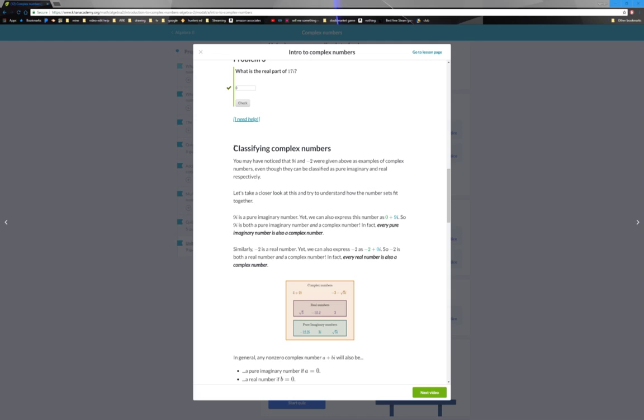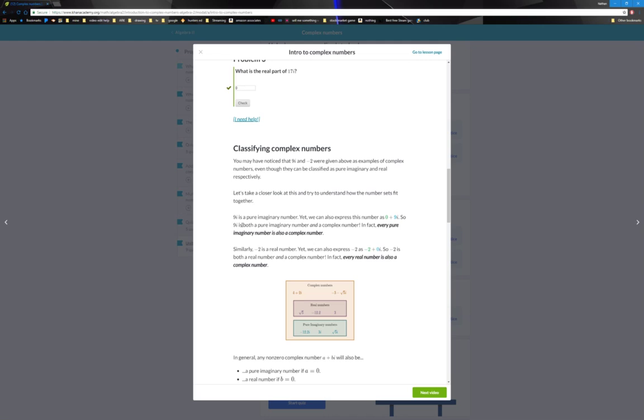Alright, classifying complex numbers. You may have noticed that 9i and negative 2 were given above as examples of complex numbers, even though they can be classified as pure imaginary numbers and real numbers, respectively. This is pure imaginary, this is real. Let's take a closer look to understand how number sets fit together. 9i is a pure imaginary number, yet we can also express this number as 0 plus 9i.